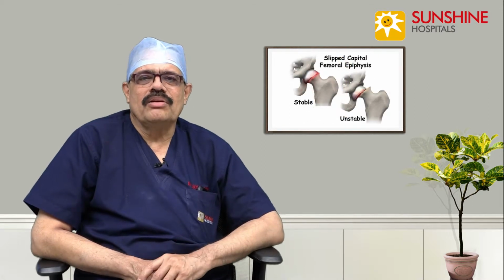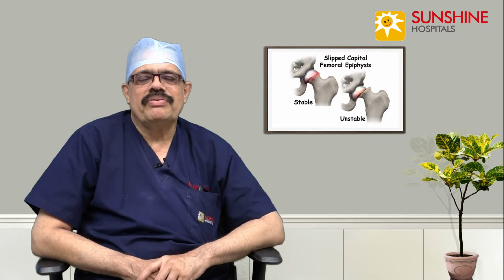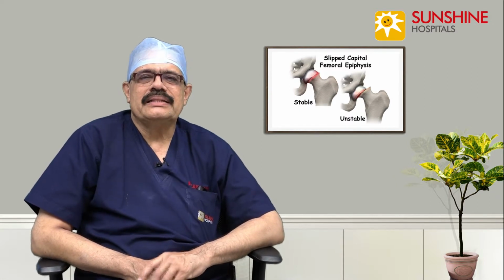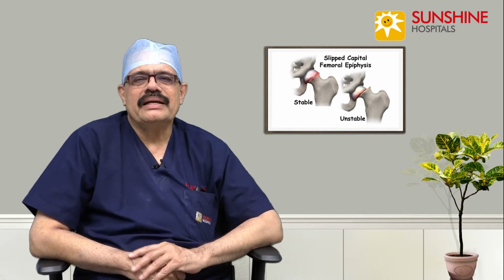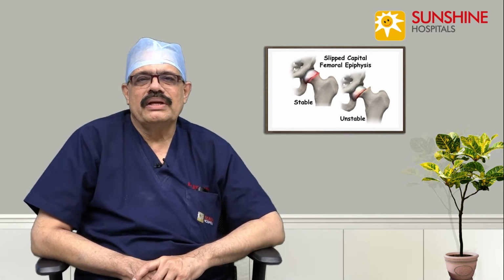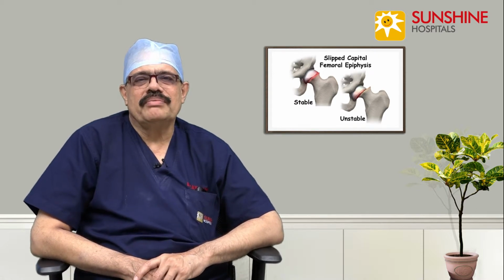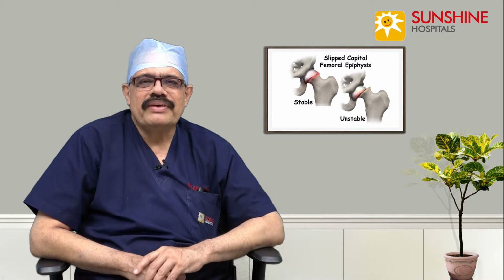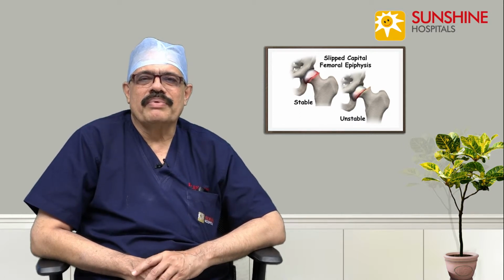The next developmental condition in a child may be slipped capital femoral epiphysis. In this condition, the head, or the epiphysis of the head, which should be in position, gradually slips from the neck, leading to deformity of the hip, and it will be manifested in the individual as a painful condition, limp, or not being able to walk properly.